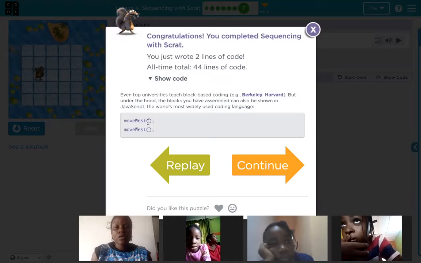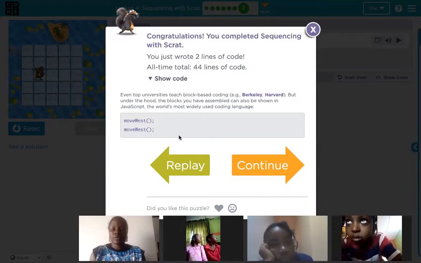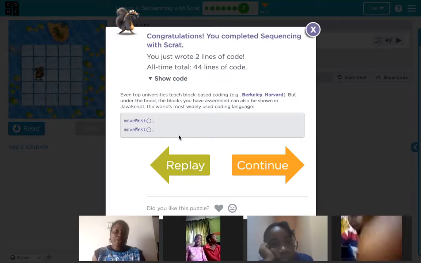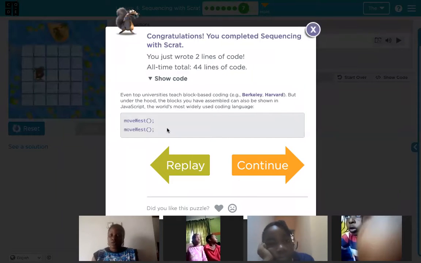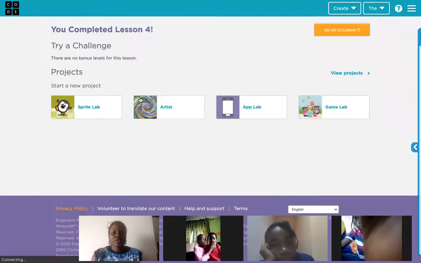So we did move west, bracket, bracket, semicolon, move west, bracket, bracket, semicolon. No worry if you don't understand the code yet, just enjoy yourself while you move the blocks. From time to time, we'll be looking at the code to see this very simple line of code. You can start learning it. Okay, so yes, that's very good.